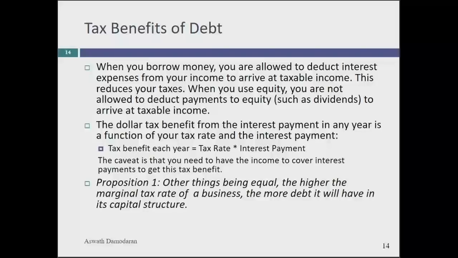So if your marginal tax rate is 40%, you will borrow a lot more money than if your marginal tax rate is 21%. And I picked those numbers deliberately because roughly speaking, 40% was the marginal tax rate in the US in 2017 and 21 to 25% was the marginal tax rate in 2018. Big change. So holding all else constant, you should expect companies in the US to be borrowing a lot less money now than they did in 2017.